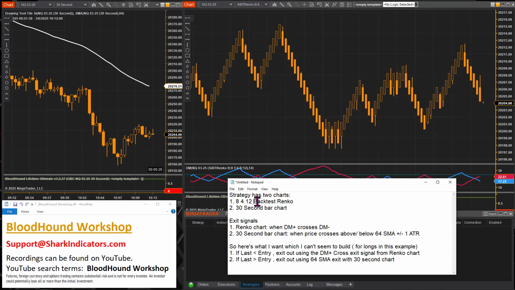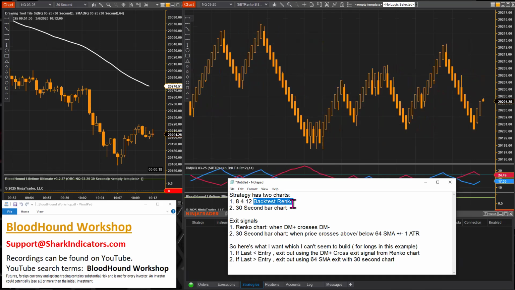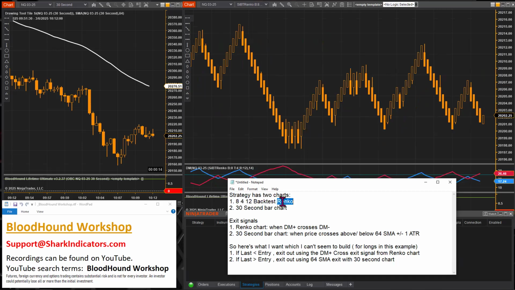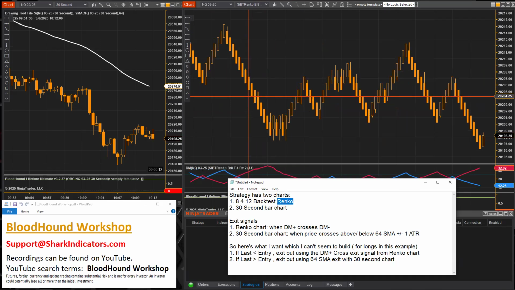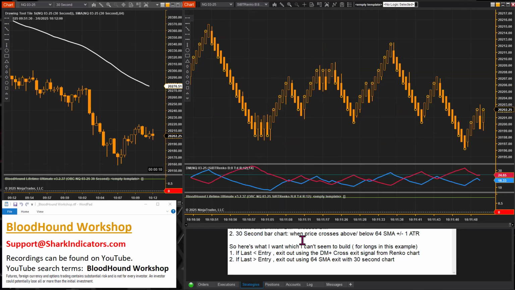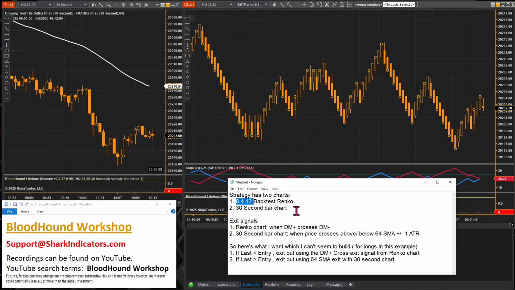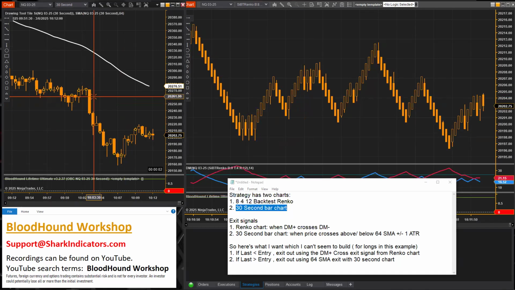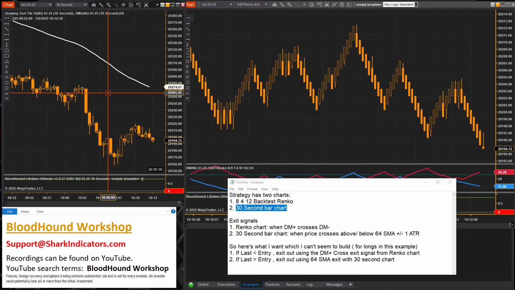The first time frame is the Renko bar. So I have a Renko chart up with these settings. And then the second time frame is a 30-second chart, which I have over here, just so we have something to look at.